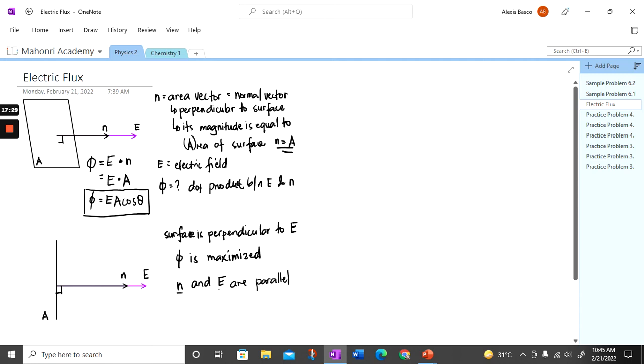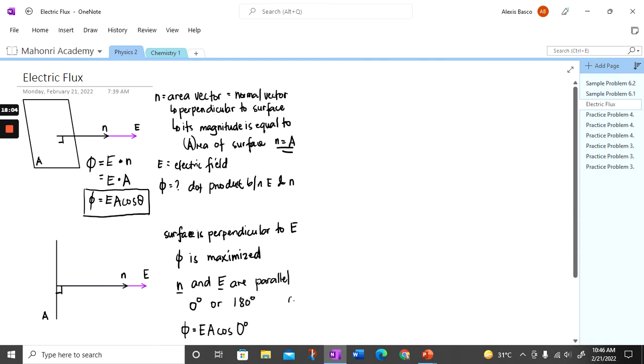So when your N and your E are parallel, it means the angle between them is either 0 degrees or 180 degrees. If I'm going to measure this, my equation would be electric flux is equal to E, and then I have my dot product onto N, but remember N will always be equal to A, so I would have A and then cosine, let's say 0 degrees.